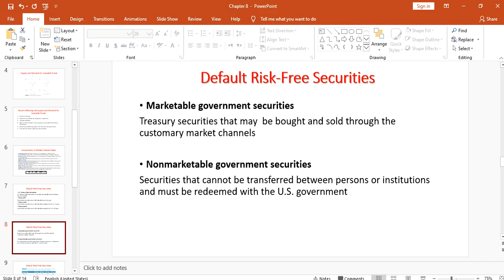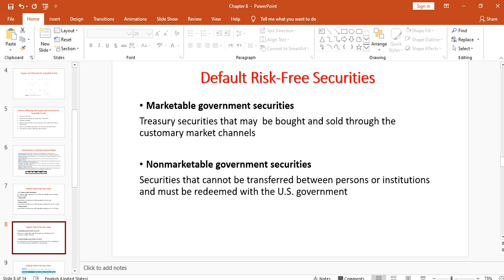And we have two types of these risk-free securities: marketable government securities and non-marketable government securities. Marketable government securities, if you buy it, it means you are lending the government money. And if the maturity is for 5 years, just before the maturity, you can take your bond into the market and sell it.